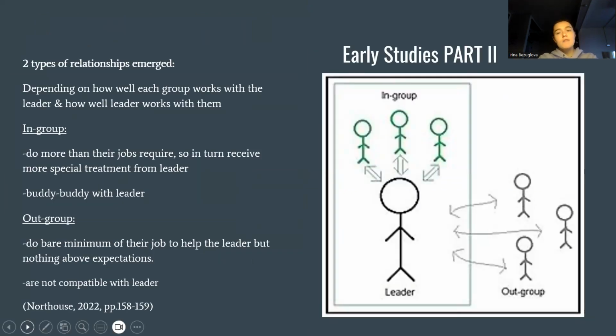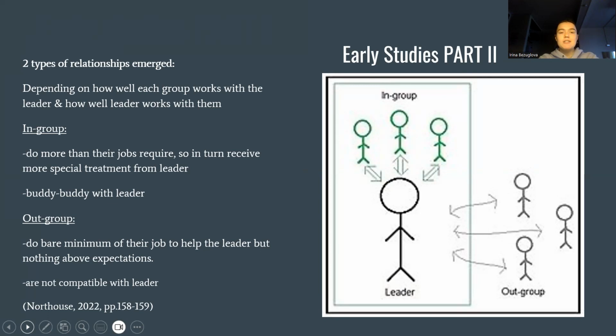So, based on the early studies, two types of relationships have emerged, and where you fall depends on how well each group works with the leader and how well the leader works with them. For example, in the in-group, the followers do more than just what their jobs require.